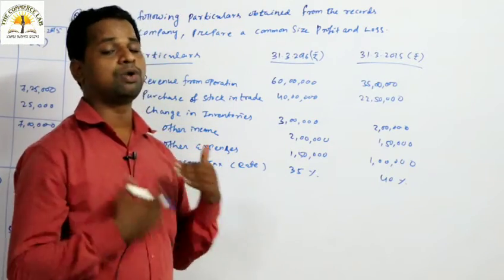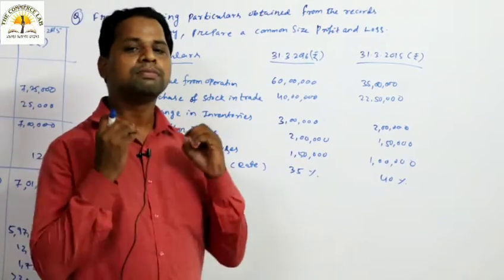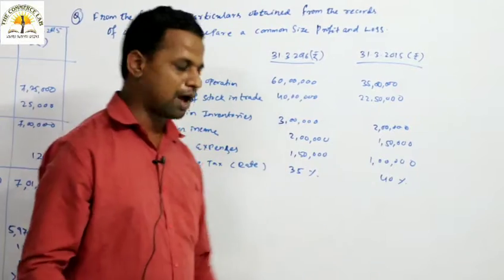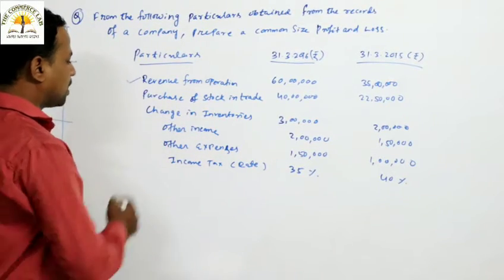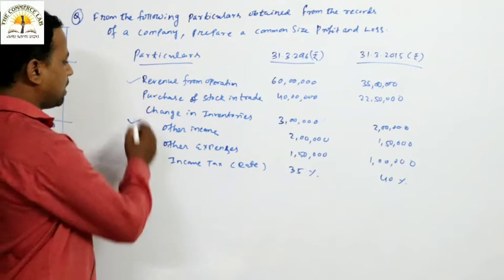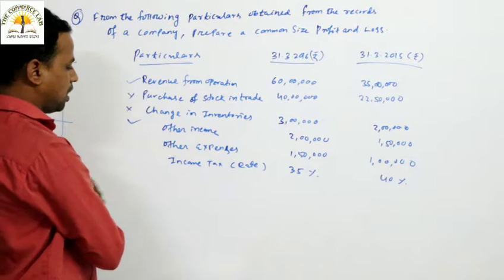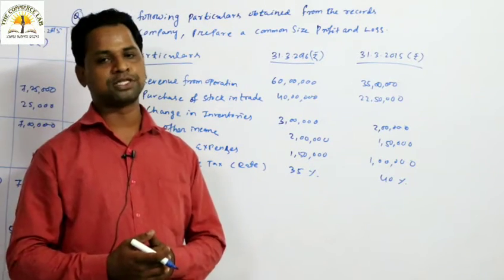From this question, you have to prepare the common size income statement, the common size profit and loss account. Revenue from operation is income. Other income is income, whereas purchase of stock in trade, change in inventory, other expenses and income tax are all expenses.